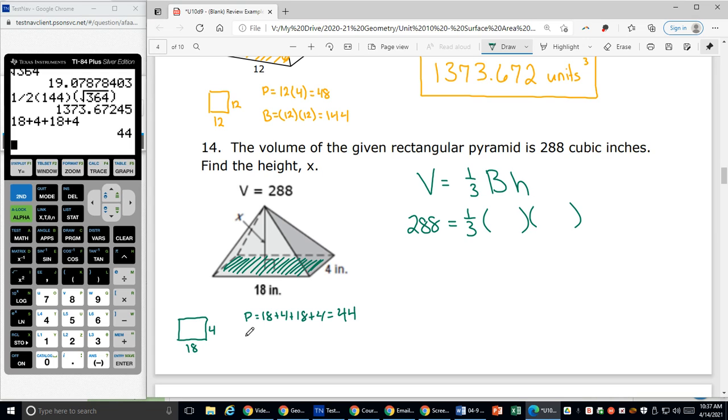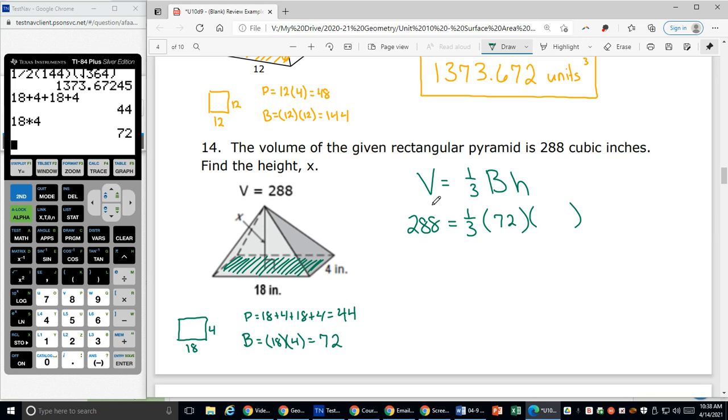It's just a habit I've gotten into where I always find the perimeter and the area of the base, because maybe number 15 uses the same pyramid and I'm going to need the perimeter. I've already got it found. The area of the base, it's a rectangle, so it's just 18 times 4, which is 72.